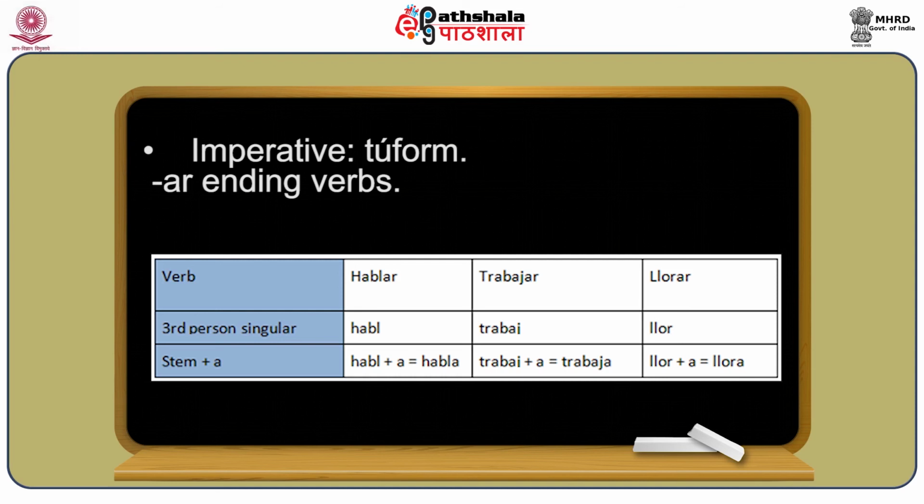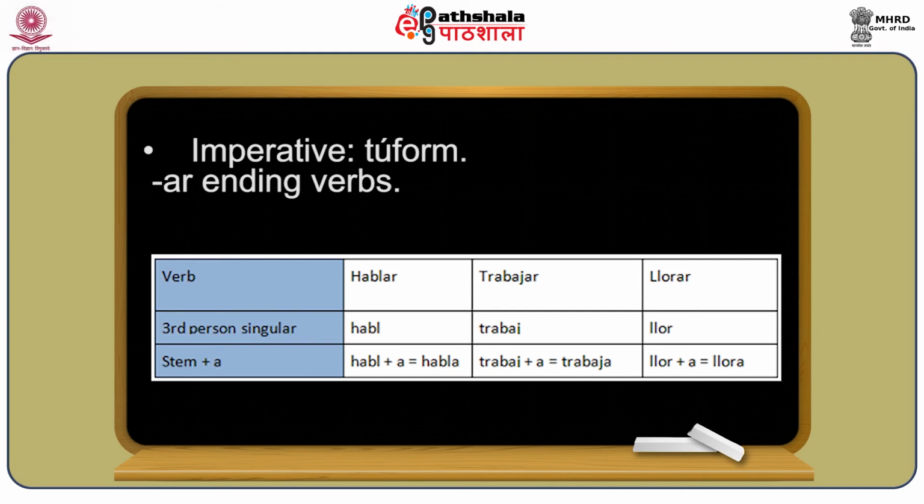Now generally the imperative form of any AR ending verb is the conjugation of the same in the third person singular form. By third person singular, we mean the él, ella, usted form of the verb.